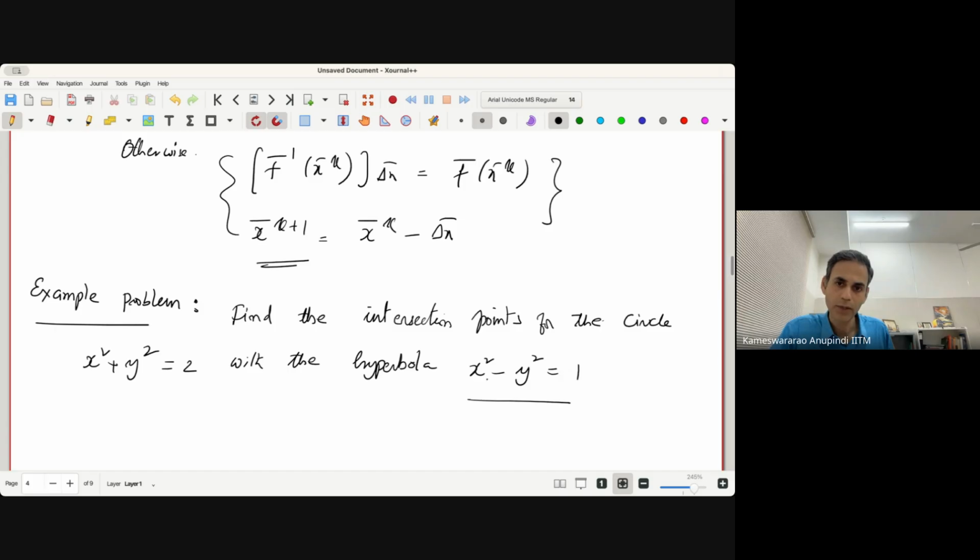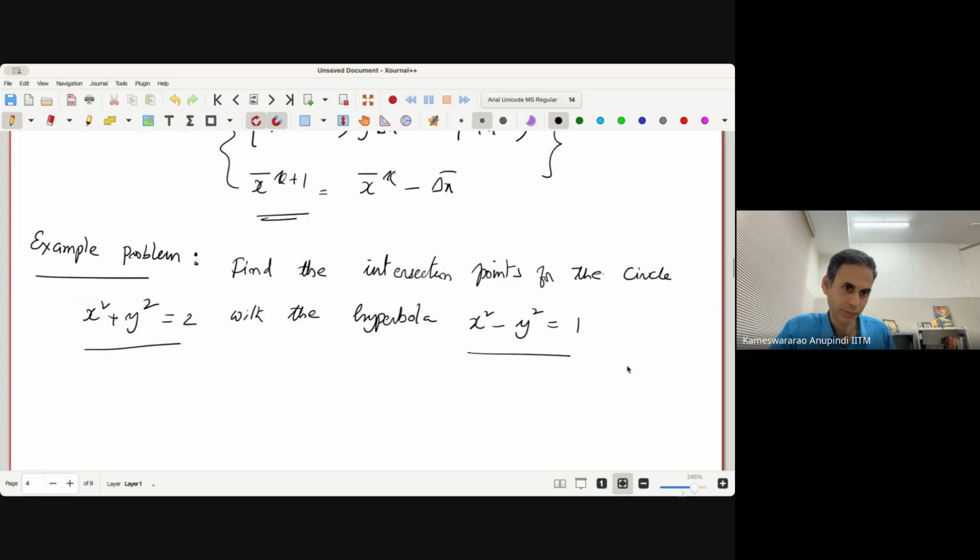So we are given a hyperbola and a circle. We need to calculate the intersection points for an initial guess of x bar 0 equals 1 comma 1.